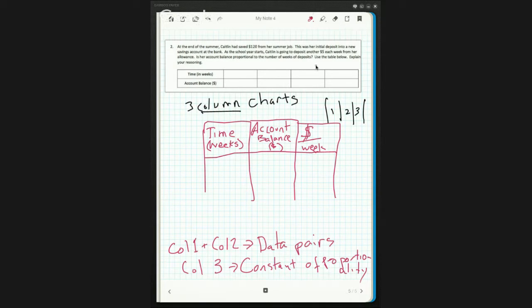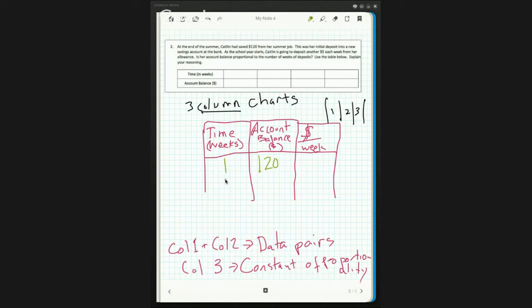Dollars per week. So let's switch colors here, and let's put in our data pair. Our first data pair is we know that in week 1, our account balance is $120. Here, we'll just put the number in, 120, because we have the units up above. So on week 1, she puts $120 into her savings account. What is she going to have if she puts in $5 a week?